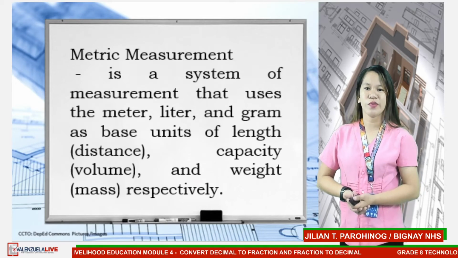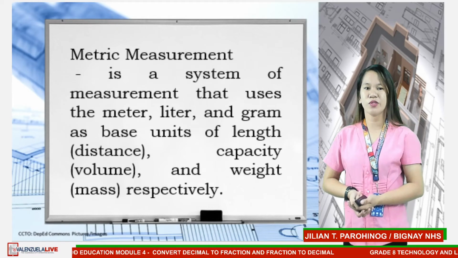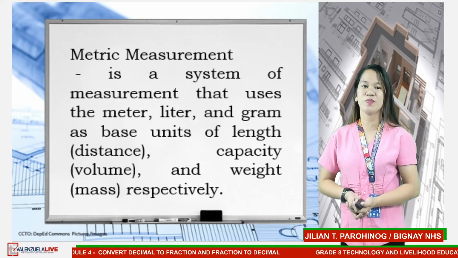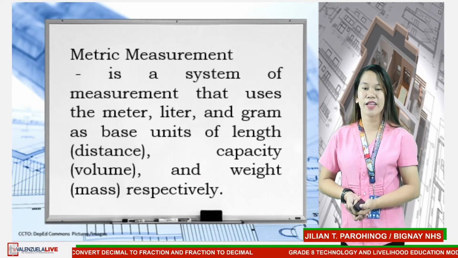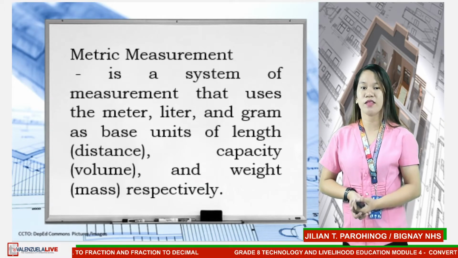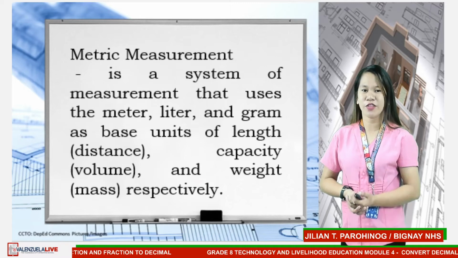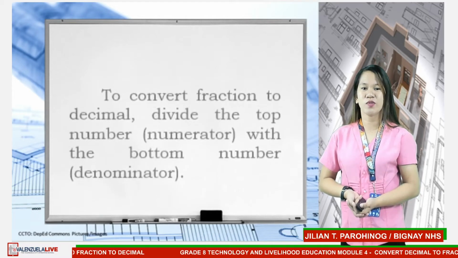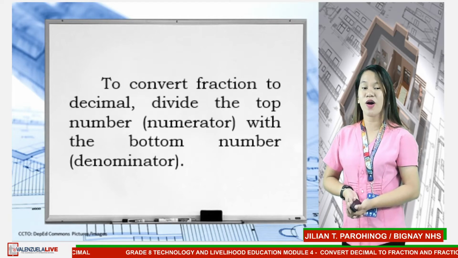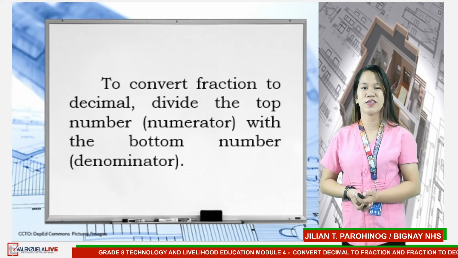Metric measurement is a system of measurement that uses the meter, liter, and gram as base units of length for distance, capacity for volume, and weight for mass, respectively. Metric measurements are often long numbers and must be rounded to a convenient number of digits.